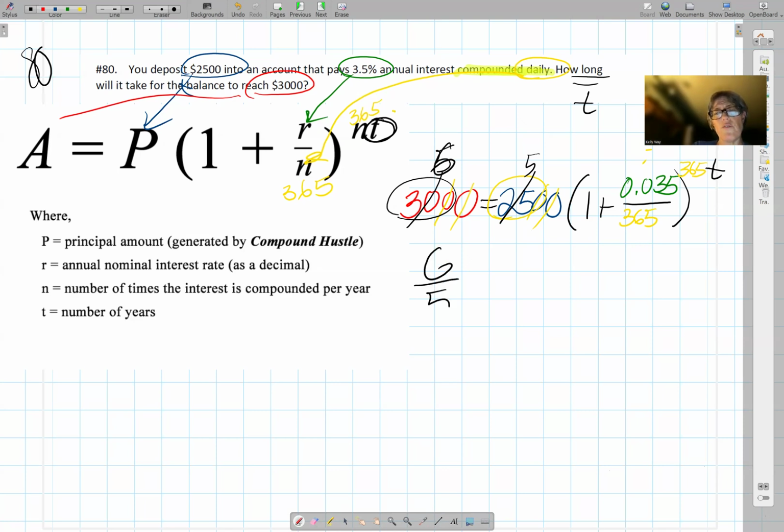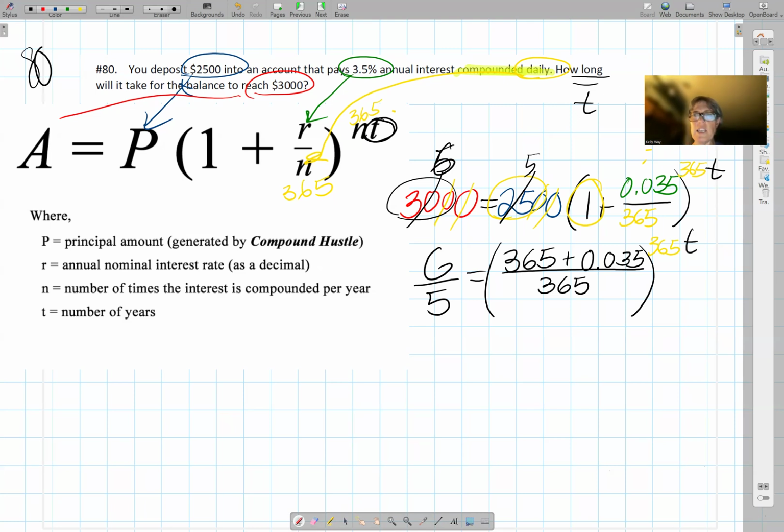I'm going to have 6 over 5 equals 1 plus 0.035 over 365, to the power of 365 times T.